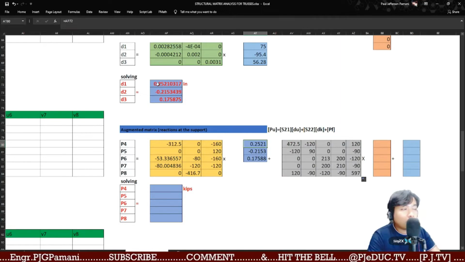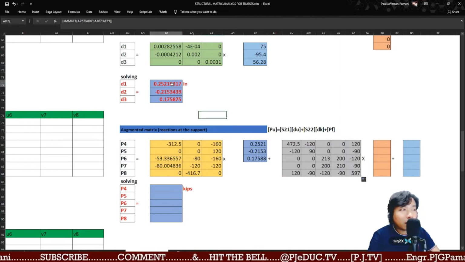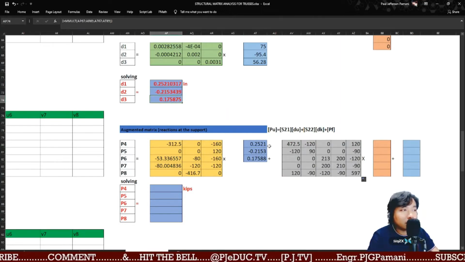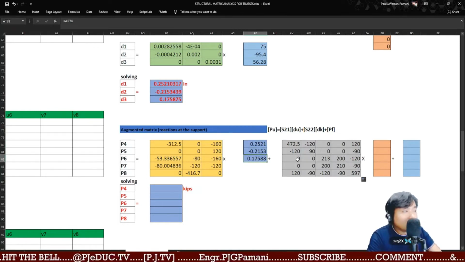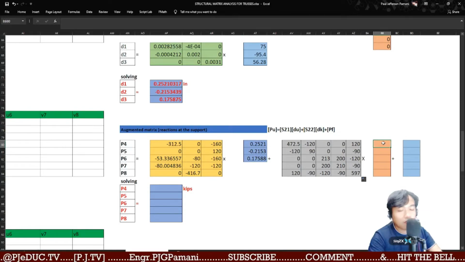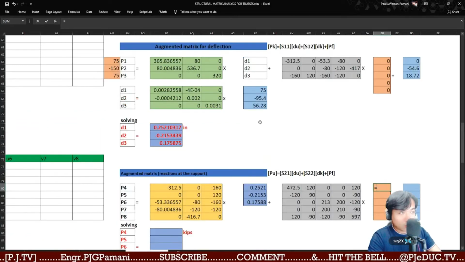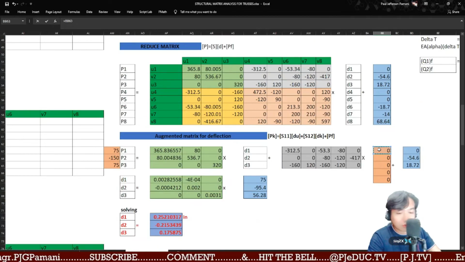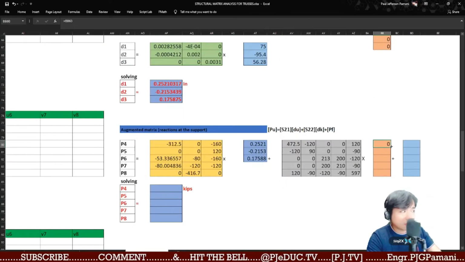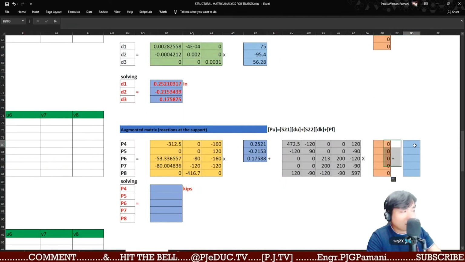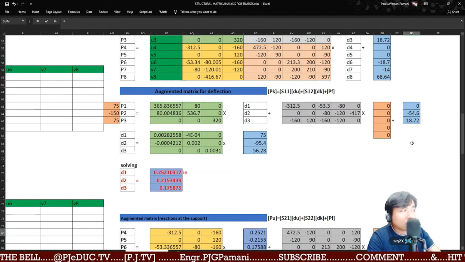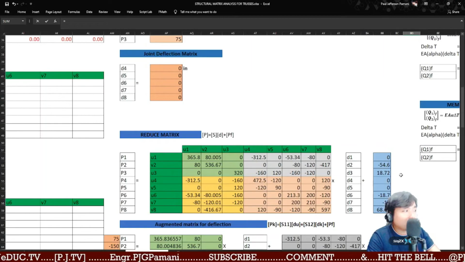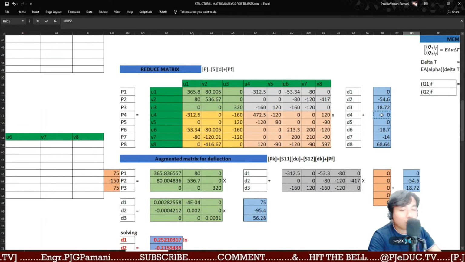Then, copy your unknown deflection, yung na-solve lang natin, which is your D1, D2, and D3. Then, multiply this one with D4 to D8. And lastly, of course, add the forces due to the change in temperature, starting at PF4 to PF8.